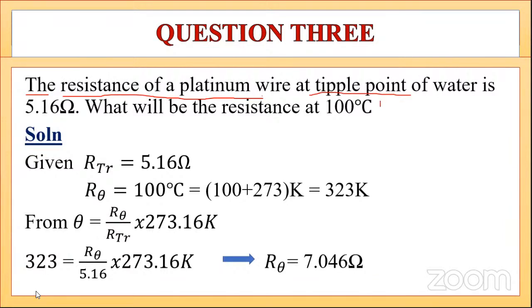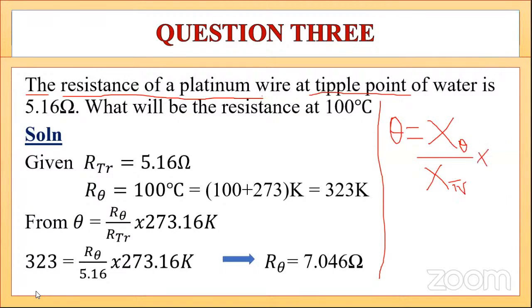And if it's on the Kelvin scale, you shouldn't forget that theta on the Kelvin scale is given by X theta over X triple point times 273.16. So what we need here is X theta and X T.